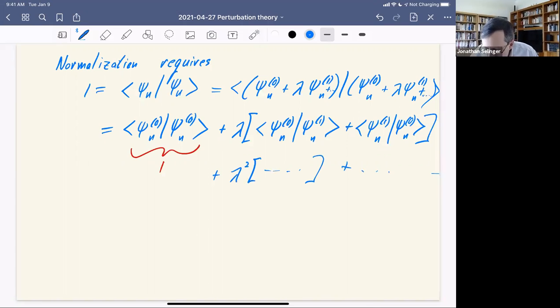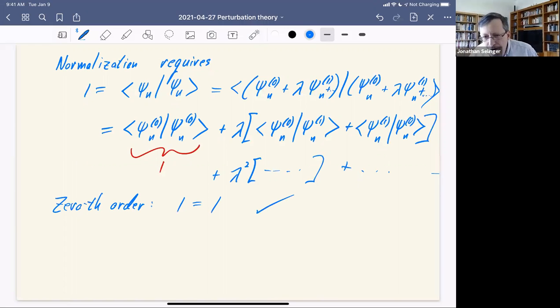Again, we want to make the right side equal the left side order by order in lambda. So at 0th order, the 0th order thing on the left side is 1. The 0th order thing on the right side is 1.